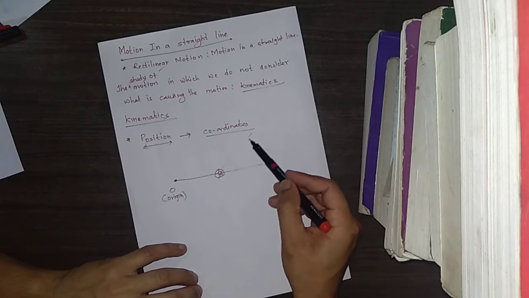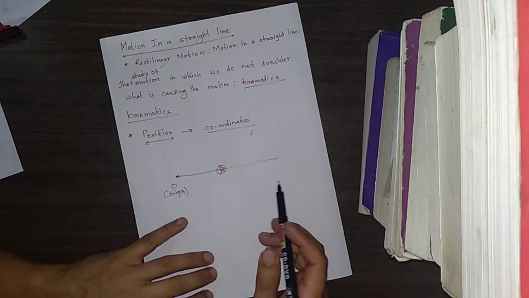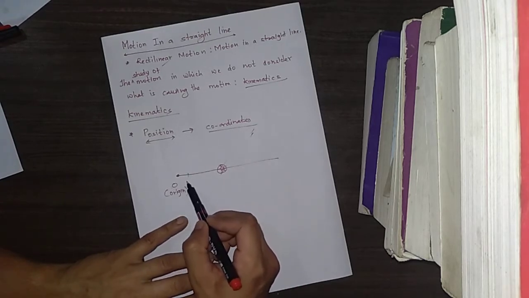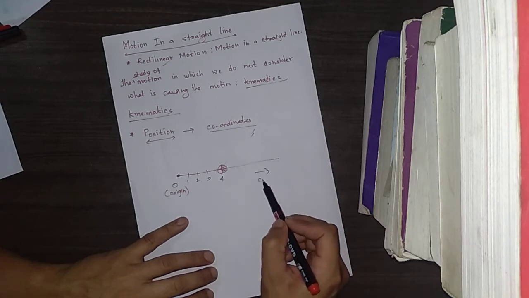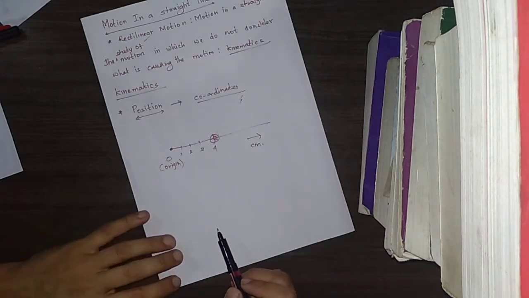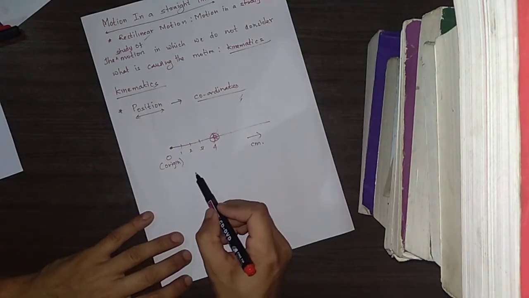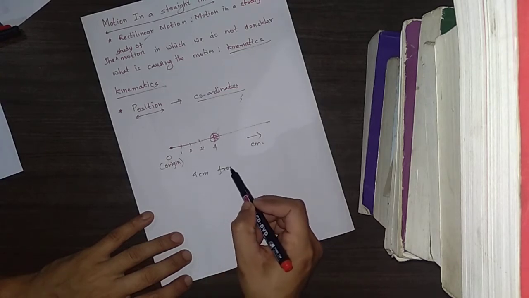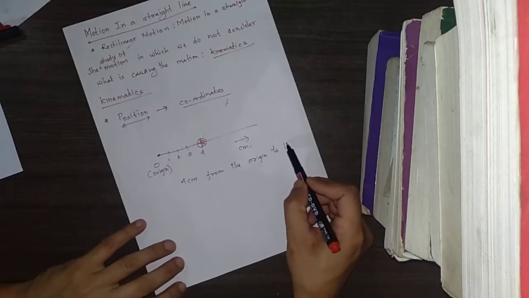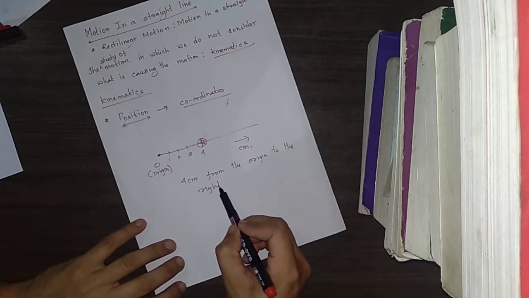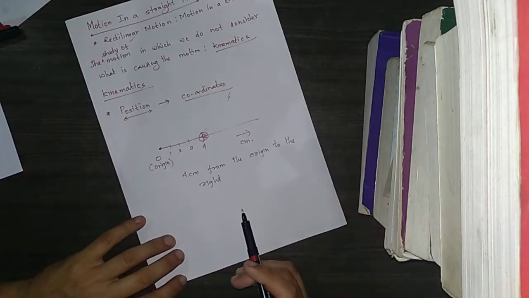So this is origin, and this is 1, 2, 3, 4, and suppose these are in centimeters. Now if I ask you what is the position of the ball, you will probably say it is 4 centimeter from the origin to the right. That means it is on the right side of the origin, and it is 4 centimeter from the origin.